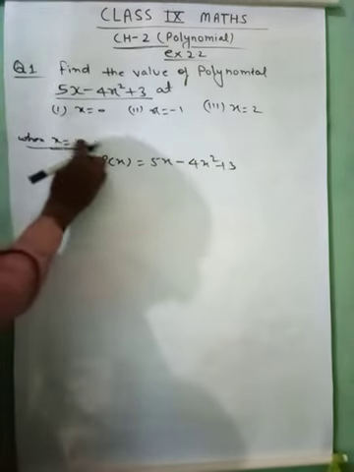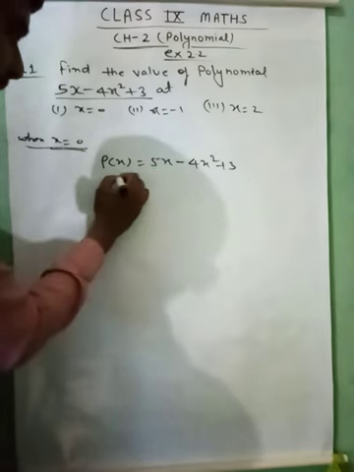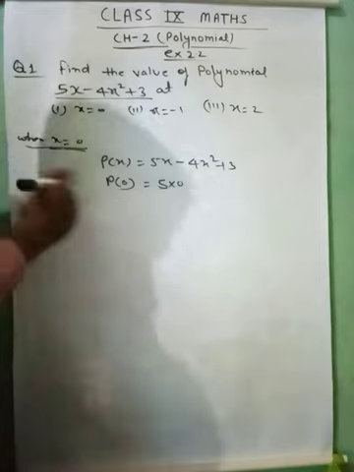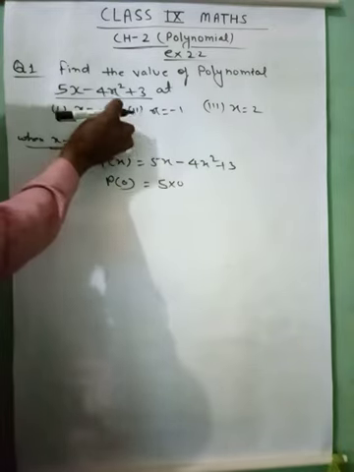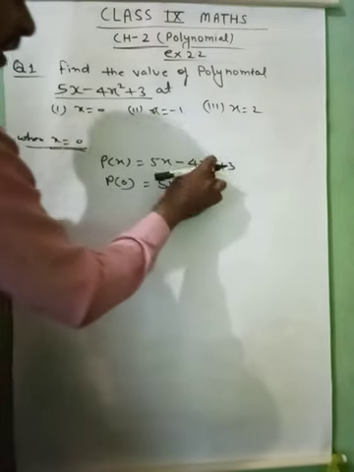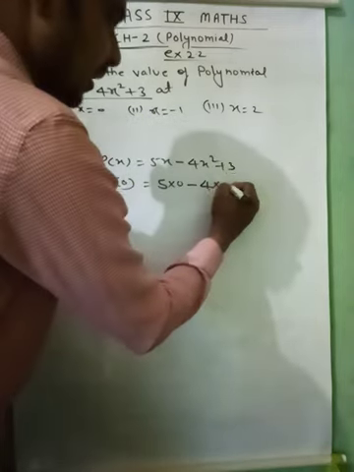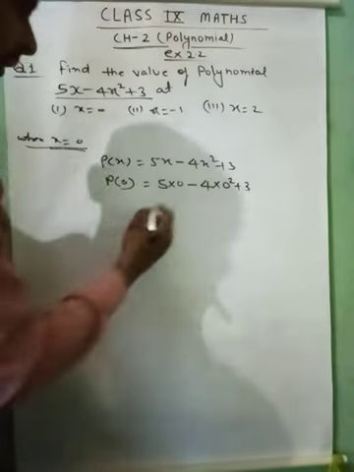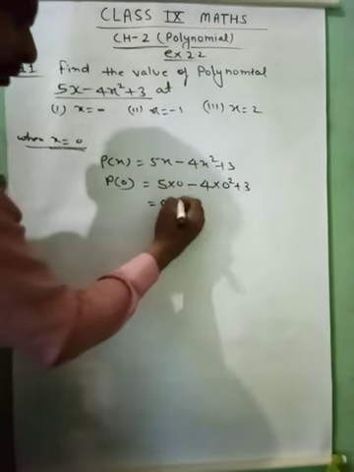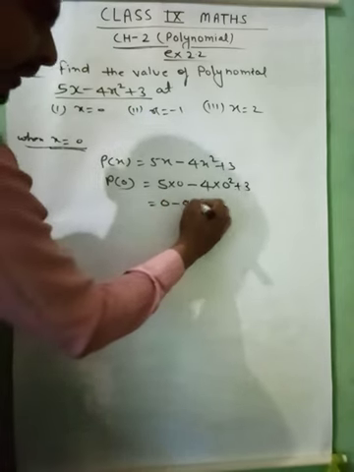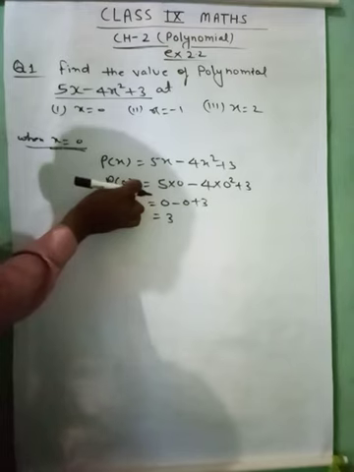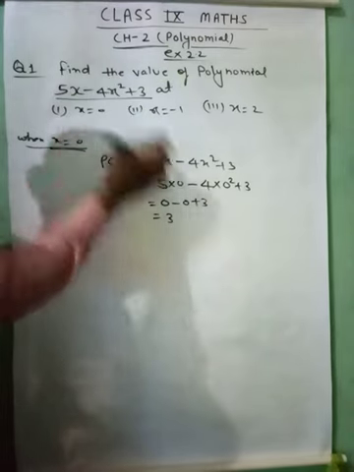When x is equal to 0, p(0) will be 5 into 0, at the place of x we put 0, minus 4 into 0 square plus 3. When it is multiplied by 0, it will be 0. It will also be 0. And it is 3. So when we put x is equal to 0 in this polynomial, the value will be 3.